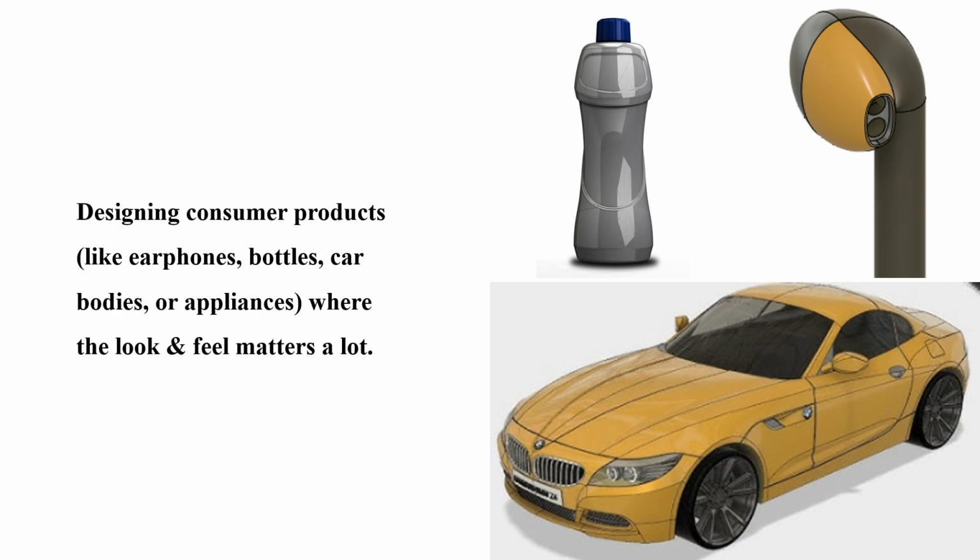See, when our intention is to go for consumer products, at that time we need to focus on look and feel, right? These are the two things which impress the customer to buy that particular product. In that direction, if you want to design the product, surface modeling plays a very important role.